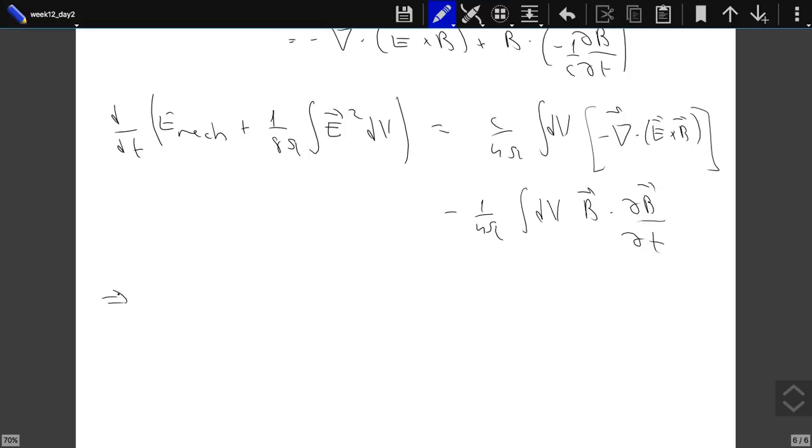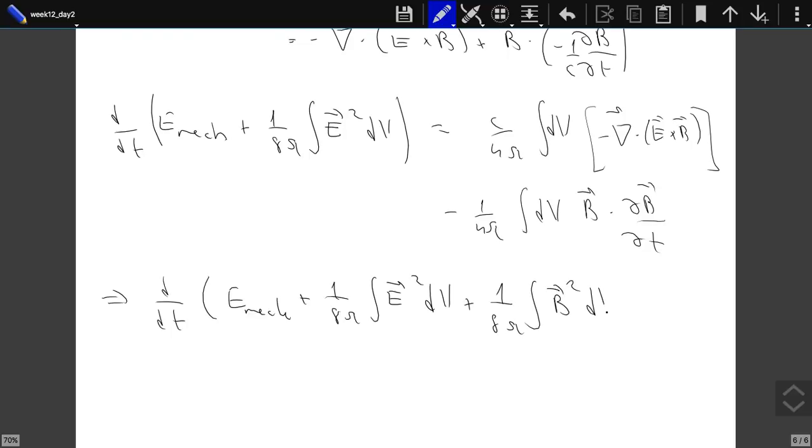Well, let me just move all of the terms to the left-hand side. So I will get d by dt of the mechanical energy, plus 1 over 8 pi E squared dV, plus 1 over 8 pi B squared dV. So this is the energy stored in the B field, plus C over 4 pi, the surface integral of E cross B.